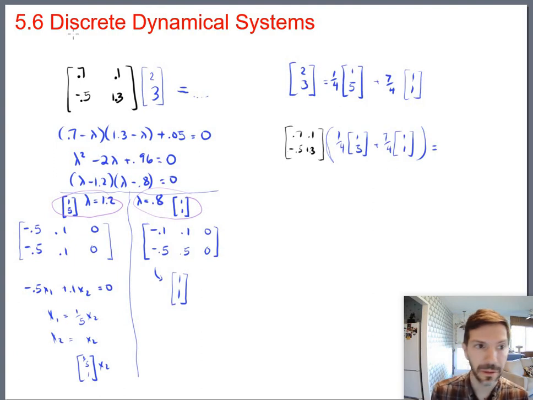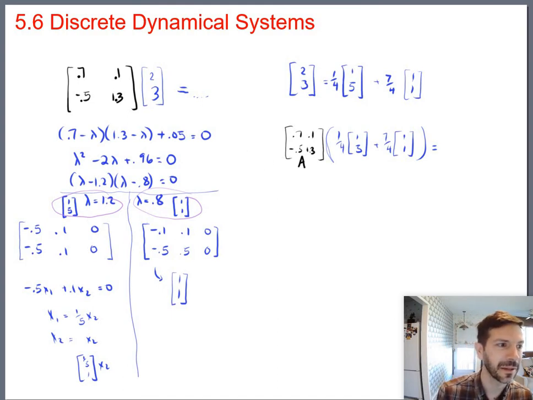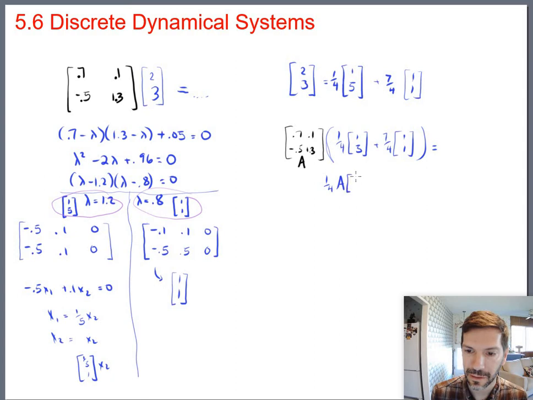And we know, I'm not going to keep writing that matrix out, let's call that A again. So we know we're looking at 1/4 A times 1/5 plus 7/4 A times 1/1.